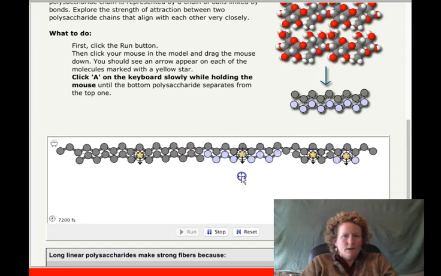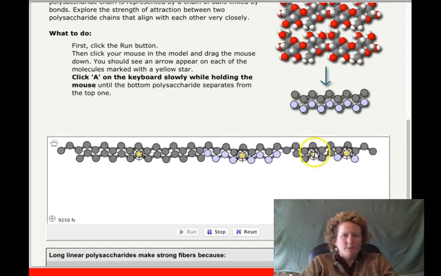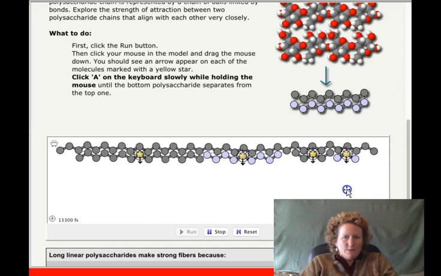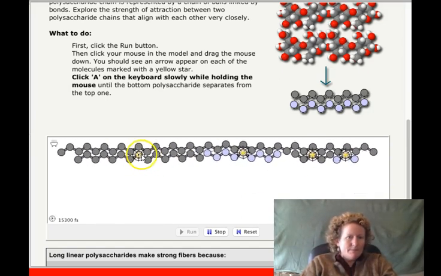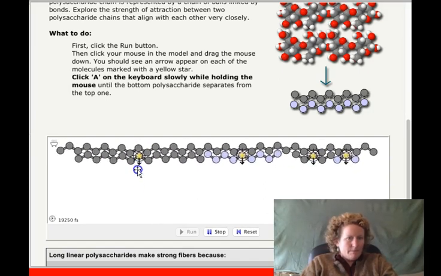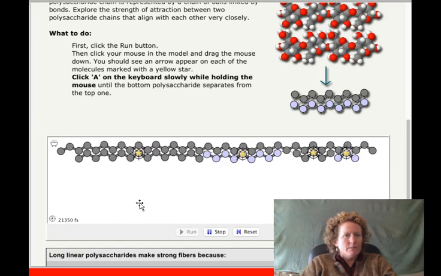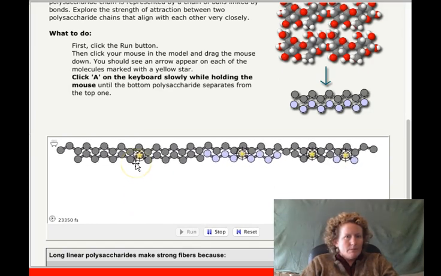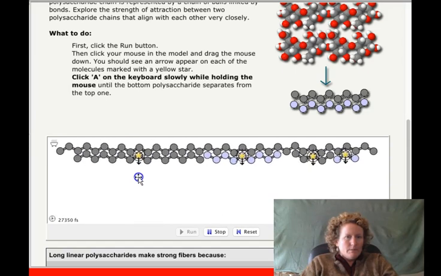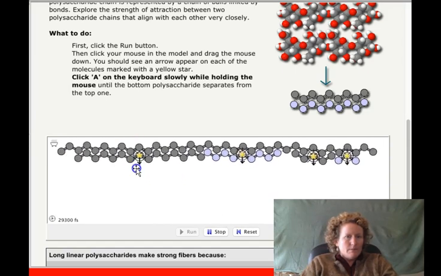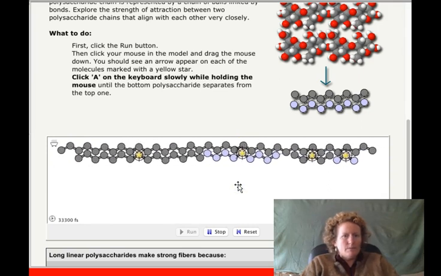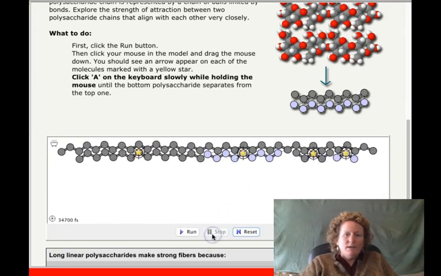This is really hard. I'm working really hard to try to separate these two molecules. And because of all that hydrogen bonding, it's not really working. I can't even get them apart.